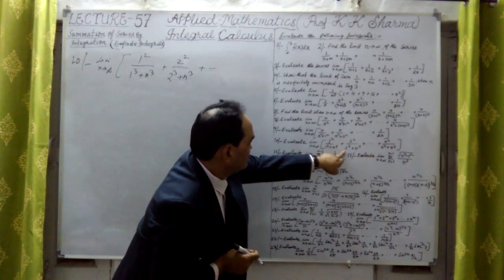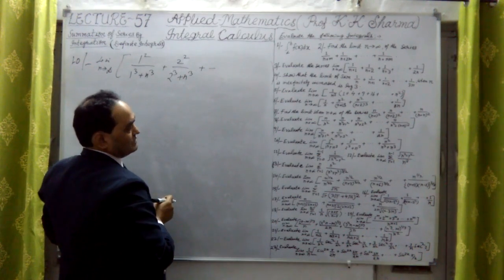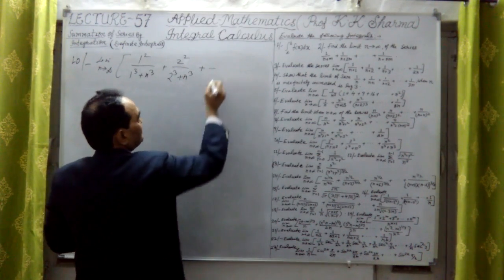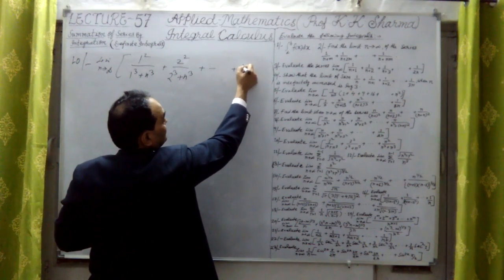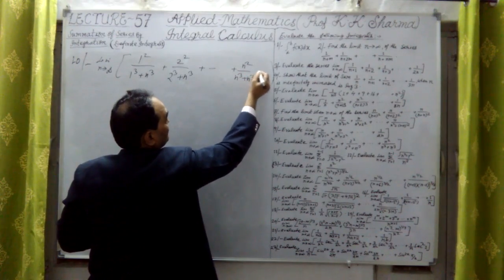In the denominator we have cubes, and the last term is n square upon n cube plus n cube.